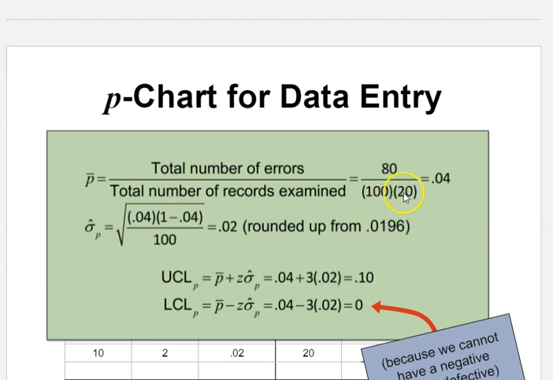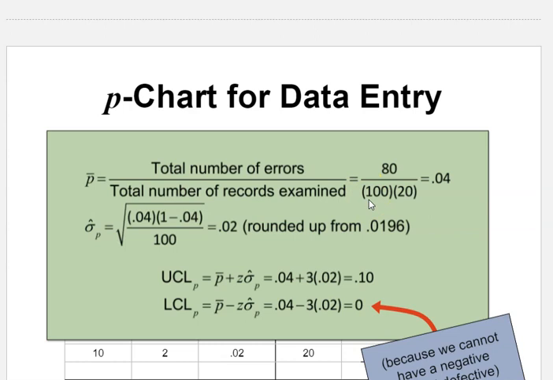So 20 different days, each day 100 samples, that's 2,000. So that's 80 over 2,000. That's 0.04. So p-bar is 0.04, and all you have to do is calculate the standard deviation.